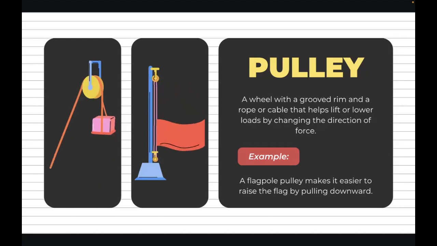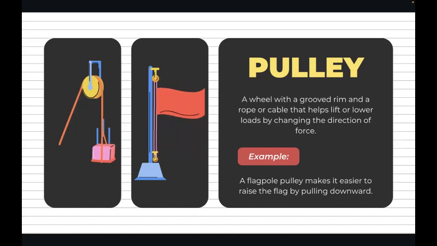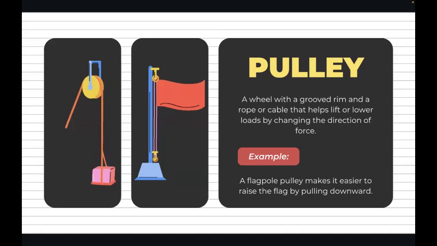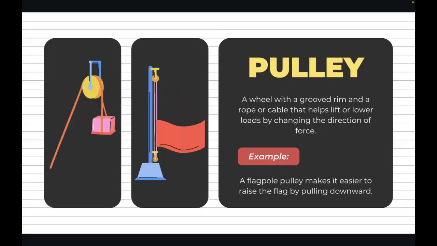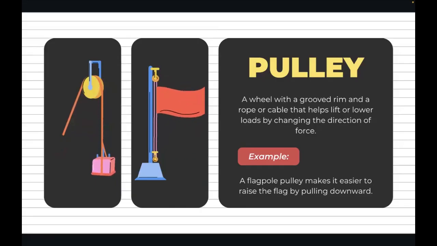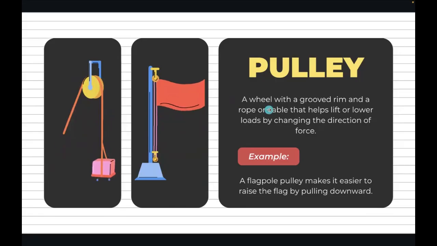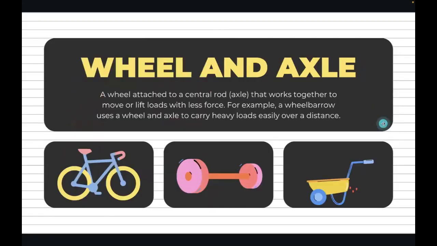Does that make sense? I know we just went over some examples of levers and how you can see them in everyday different things. Pulleys, for the most part, are pretty obvious when they're being used. Typically we can recognize this very easily. But yeah, that's a pulley.